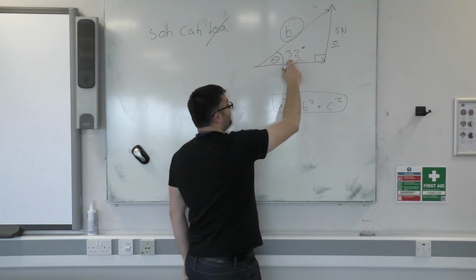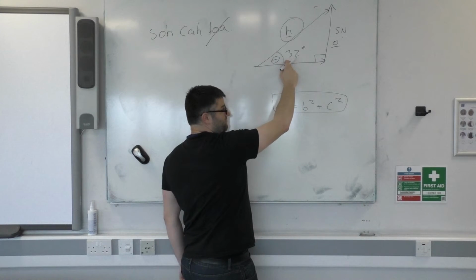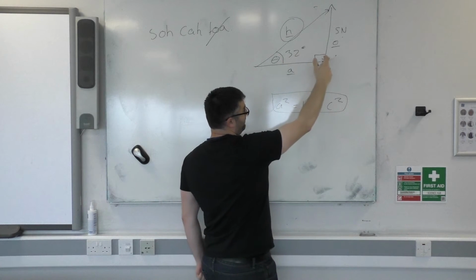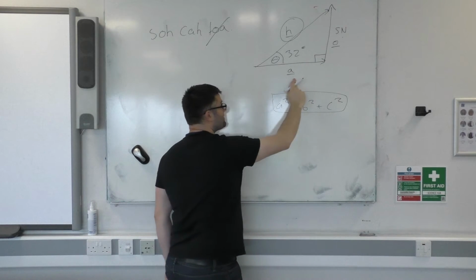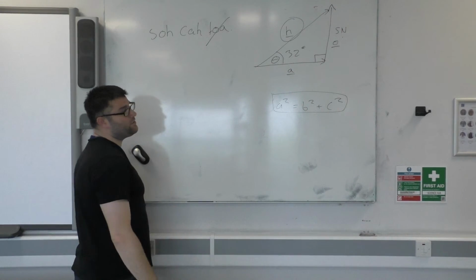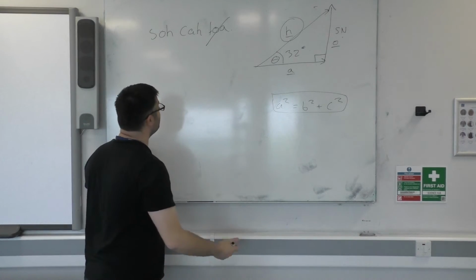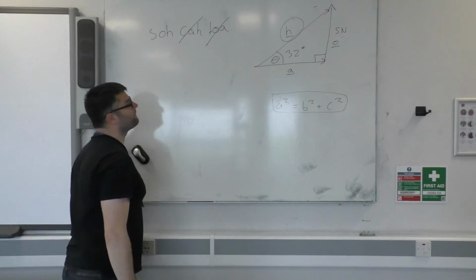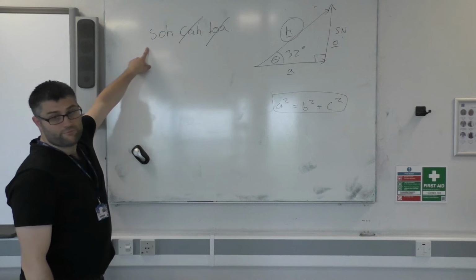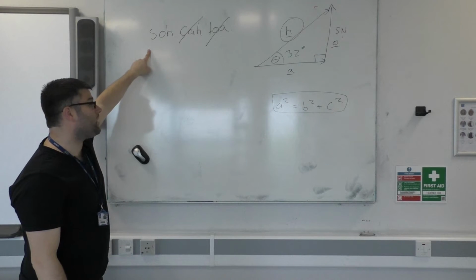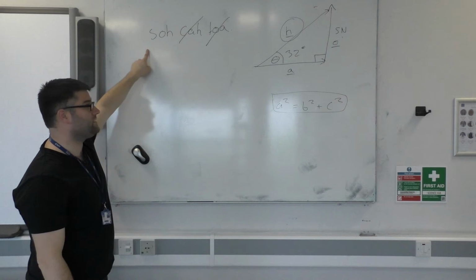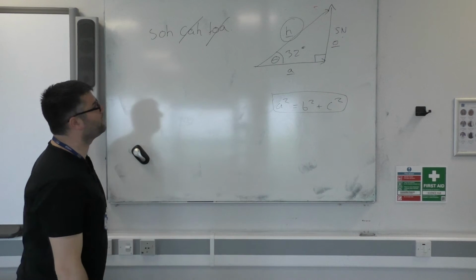Now, we've got the angle theta, so that's not important at this point, but we need to decide which one we've got. Well, we've got the opposite and we don't have the adjacent, so that rules out another one. Which one does it rule out? Well, yes, we don't have the adjacent, so it rules out cosine. Finally, we end up with SOH: sine equals opposite over hypotenuse. That's what these mean, and knowing what they mean is really important.